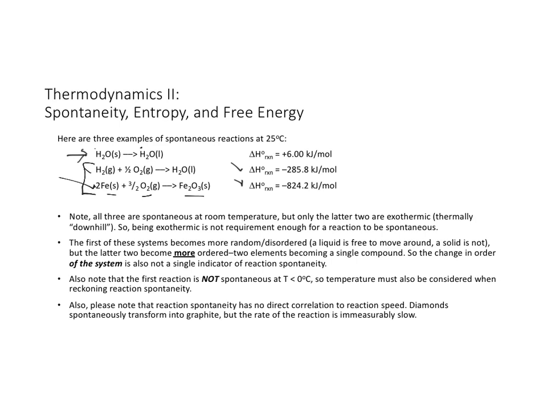I would also point out to you that this first reaction, the melting of ice, is only spontaneous if the surroundings are at 0 degrees Celsius, 273 Kelvin, or higher. So temperature is also going to be a factor and must be considered when we're reckoning reaction spontaneity.